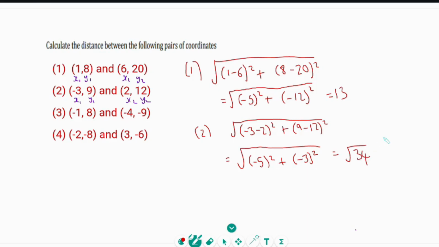I'm just going to leave mine as root 34. As a decimal, it is 5.8.